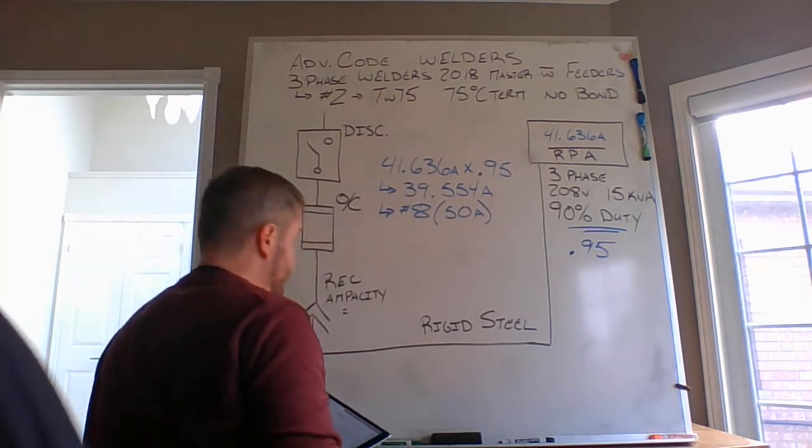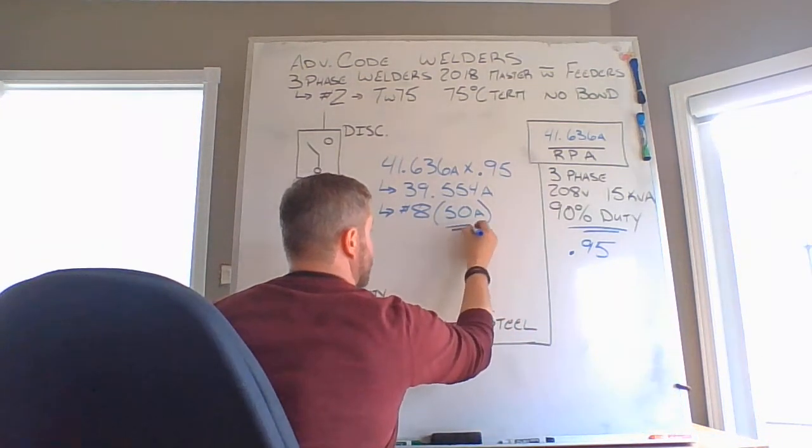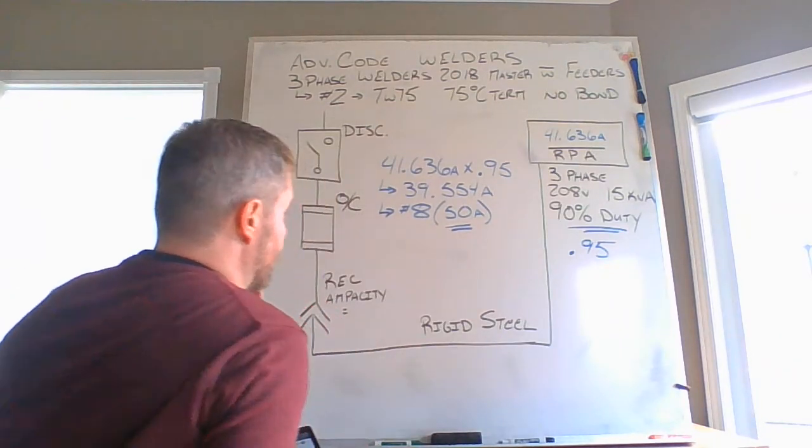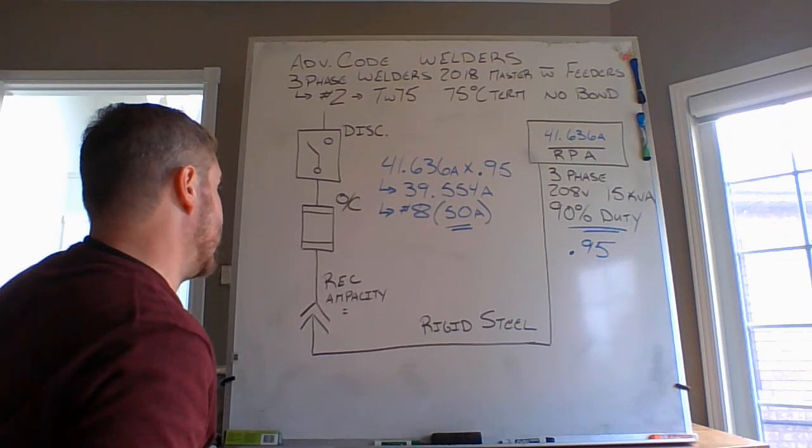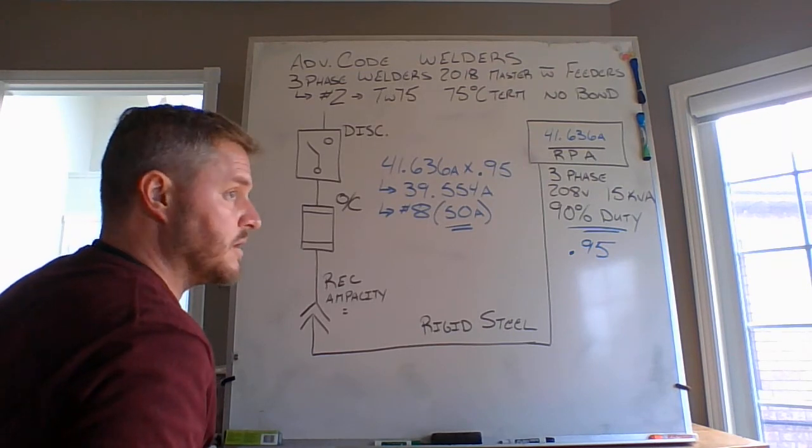Important number for us. 50 amps is the maximum capability of that conductor that I have chosen for this three-phase 208 volt, 15 kilovolt amp, 90% duty cycle welder.